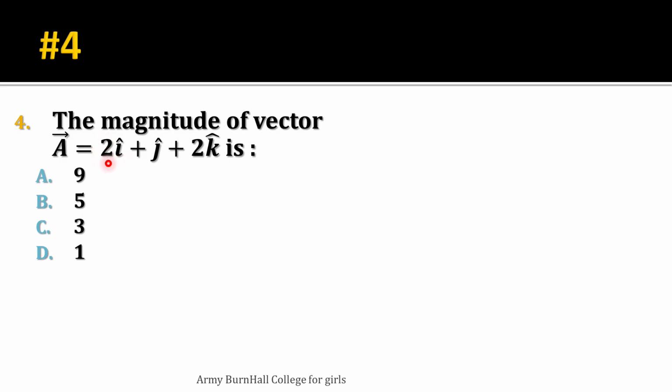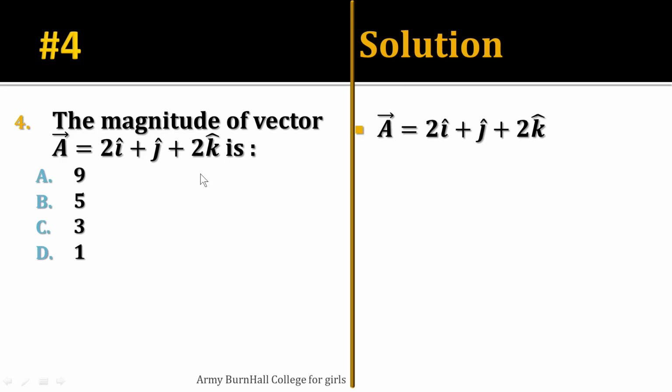The j component has value 1. j hat tells us about the direction and its magnitude is 1, and 2 is the magnitude of the z component. k hat tells us about the direction.